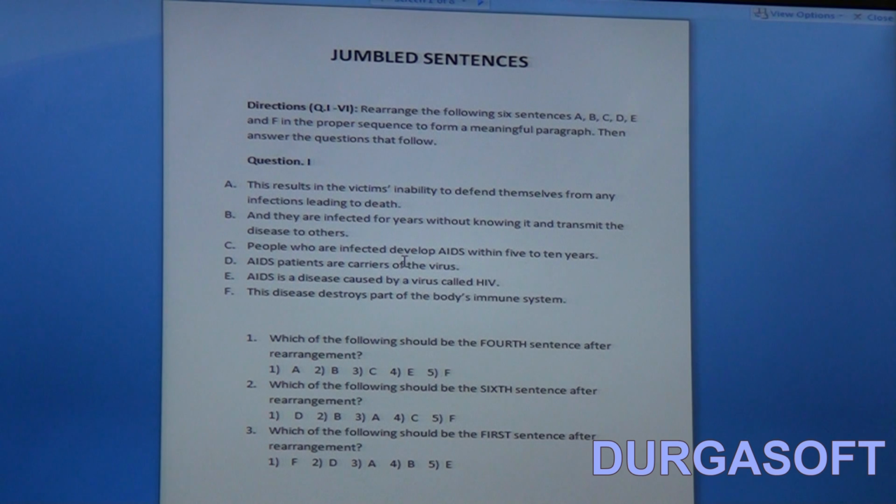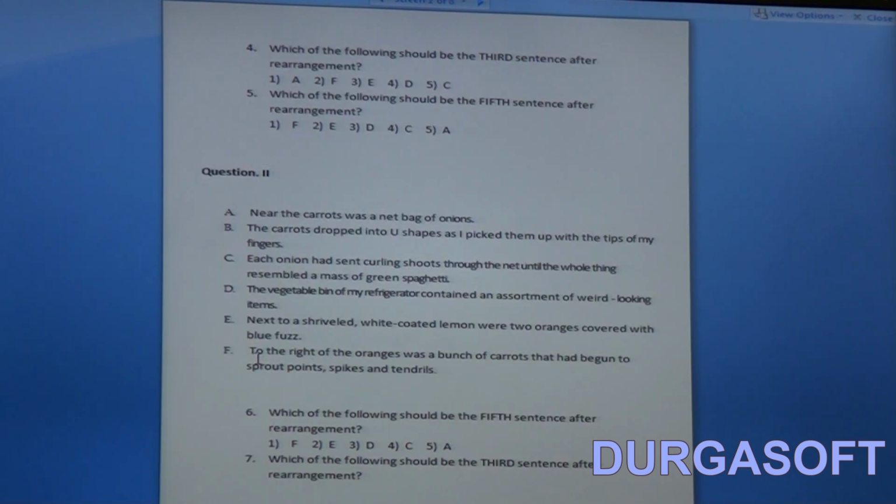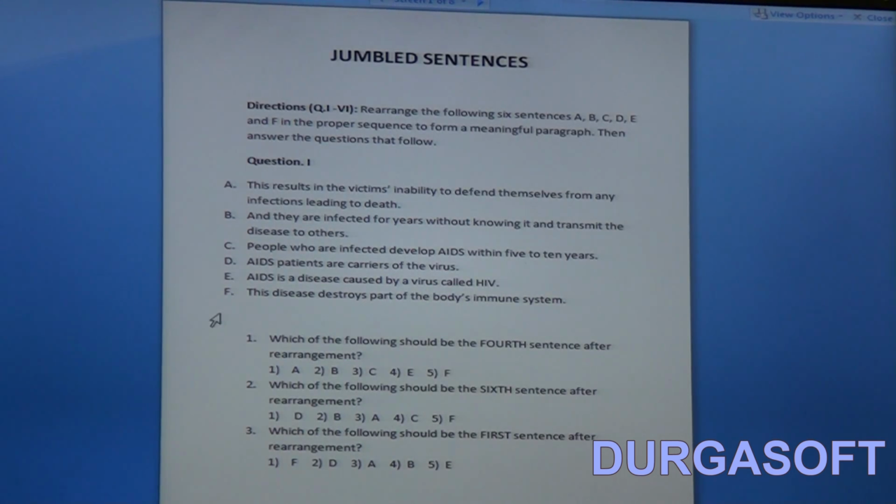Okay, so these 6 sentences originally formed a meaningful paragraph. Now they are jumbled up. So you have to rearrange and form the meaningful paragraph, and then you have to answer the questions given below. There are 5 questions. So now our task is to reassemble the jumbled paragraph.